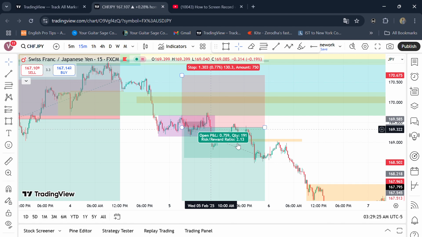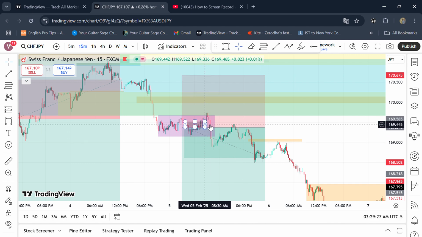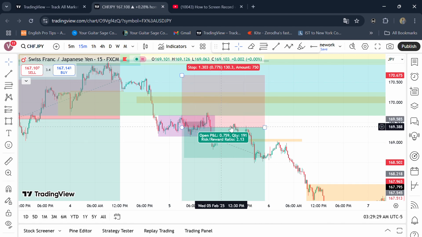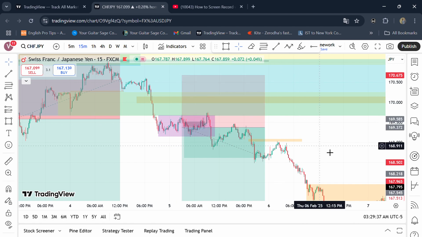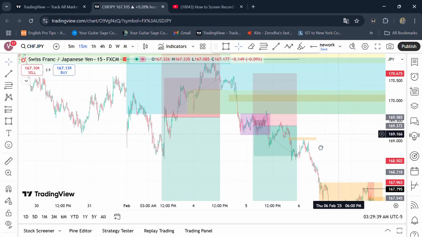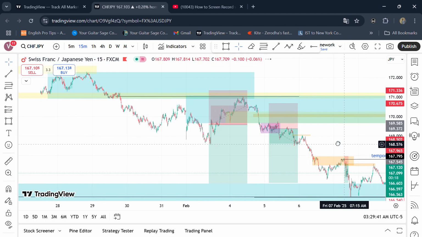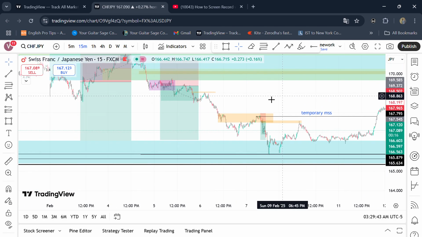This is where I entered. There was again another entry where on this FVG you could have entered here, but then I chose to enter on the displacement itself. This is how we got one more entry. And as you can see, they all were successful.